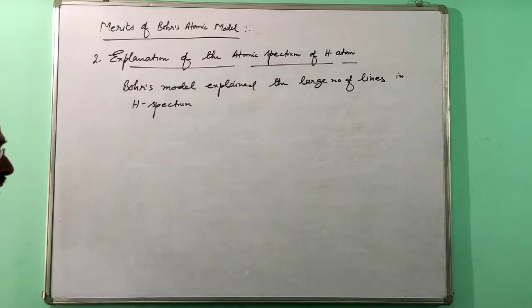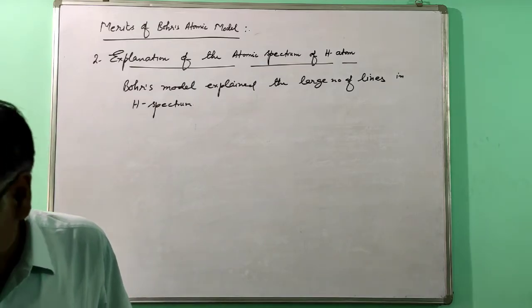Bohr's model explained the large number of lines in the hydrogen spectrum.